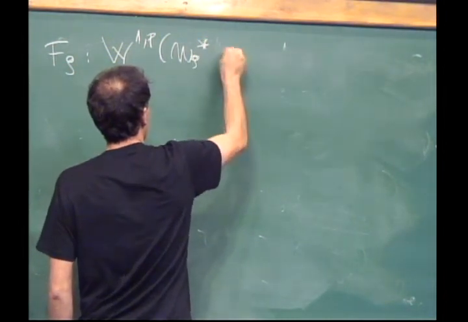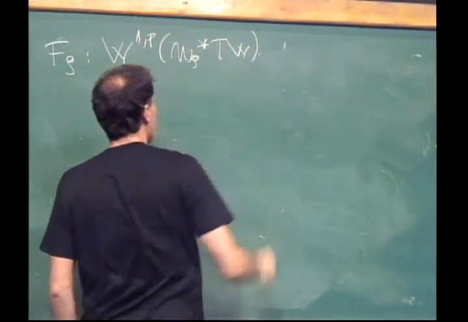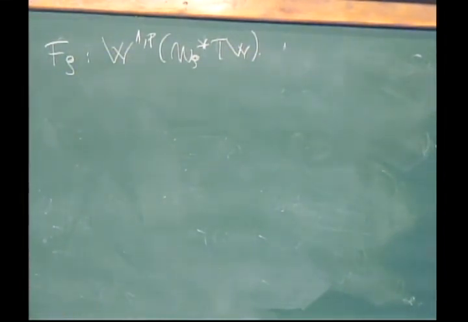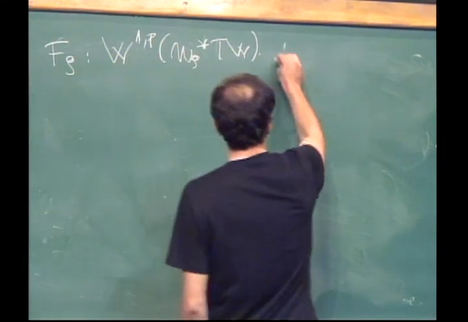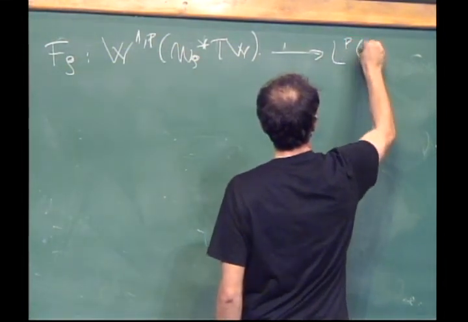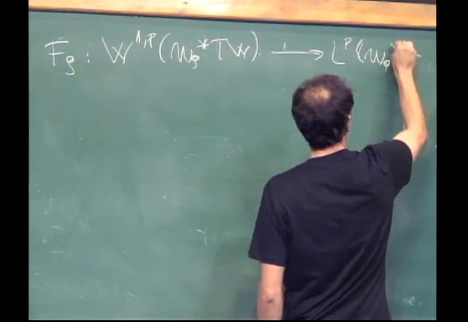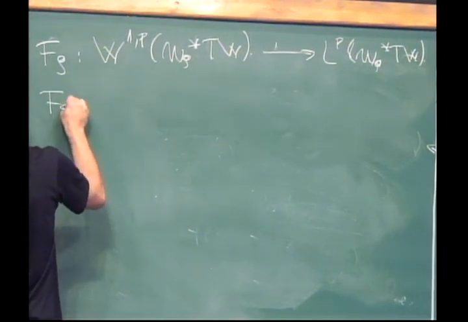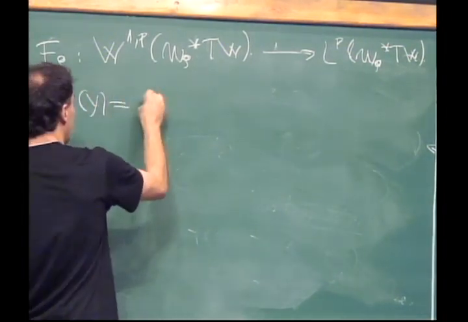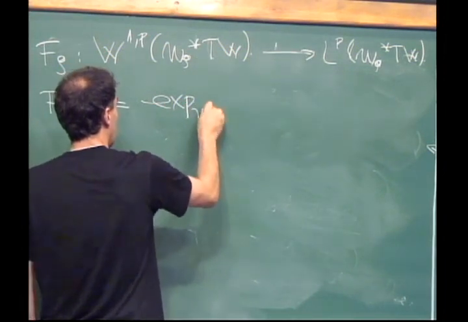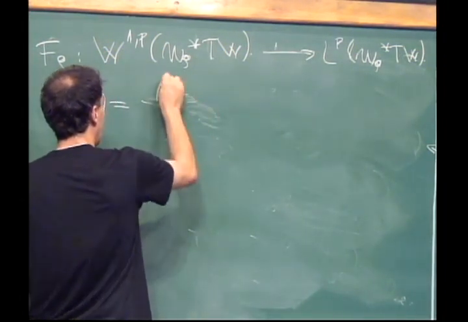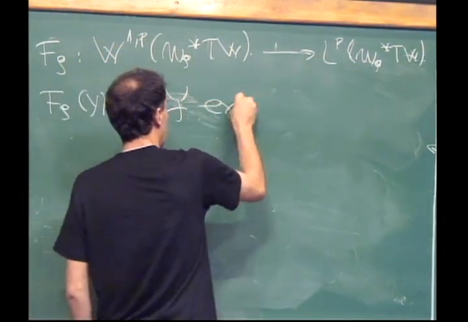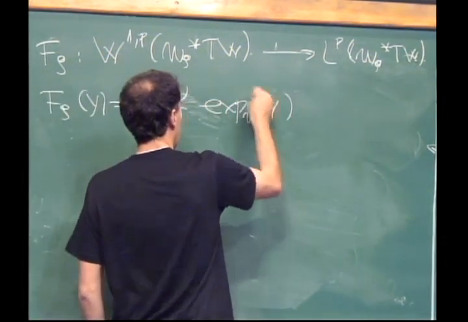These are Sobolev vector fields along this approximate solution, and we send them into LP with the formula f rho of y is the Floer operator applied to the exponential, like this.